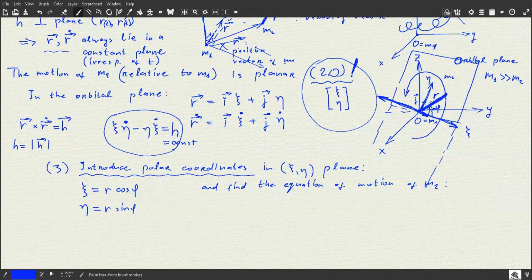It does, obviously, but its orbit is very, very small in the inertial system, whereas the orbit of M2 in the inertial system is almost the same as the orbit of M2 in the non-inertial system, which we consider at the moment. So a coordinate system centered on the body with a mass far greater than the other one is much closer to the inertial one.